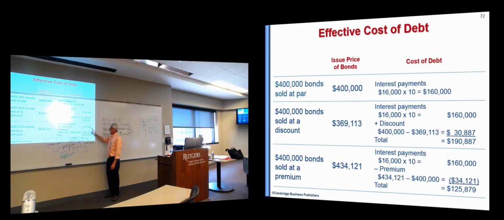If it's a premium, it's the sum of the payments minus the premium. So if the bonds sell at par, your cost of borrowing is exactly equal to the coupon rate, or 160 in total. If it's a discount, it goes up. The discount is additional interest, so it's 190,887. And if it's a premium, it's going to be 125,879.